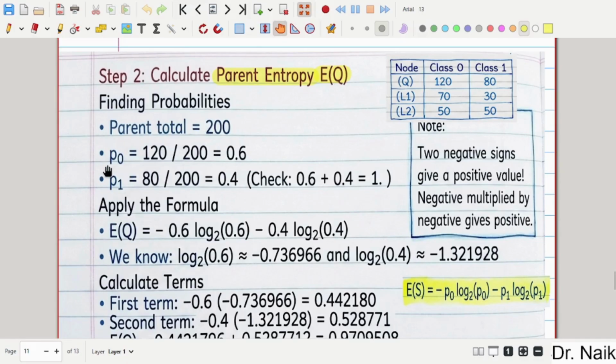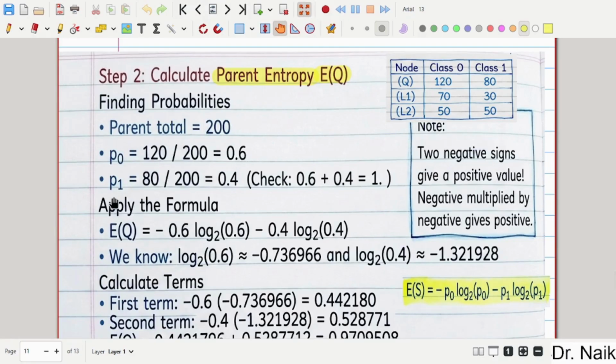Now calculate P0, the probability of class 0 in the parent node. The total number of points that belong to class 0 in the parent node is 120, so it is 120 divided by 200, which is 0.6.